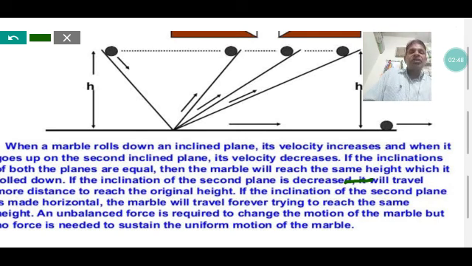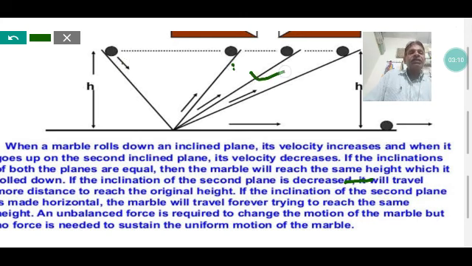If the inclination of the second plane is decreased, it will travel more distance to reach the original height. With the first inclination the ball travels a shorter distance to achieve the height of its initial position.